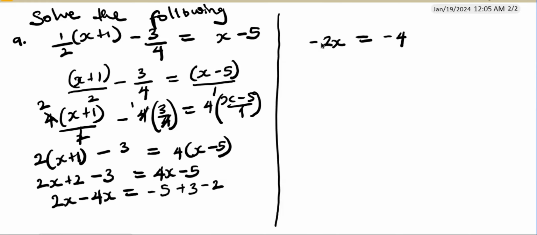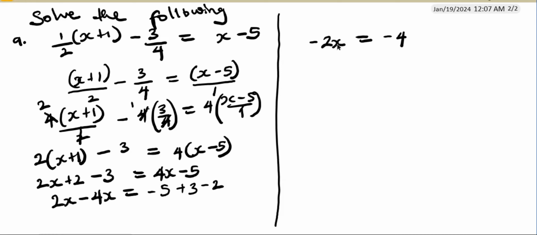So we have minus 2x, that's when 2x minus 4x, okay, that's minus 2x. Then minus 5 plus 3, that will give me minus 2. Minus 2 minus 2 will give me minus 4. So x, there's still a coefficient which is minus 2.